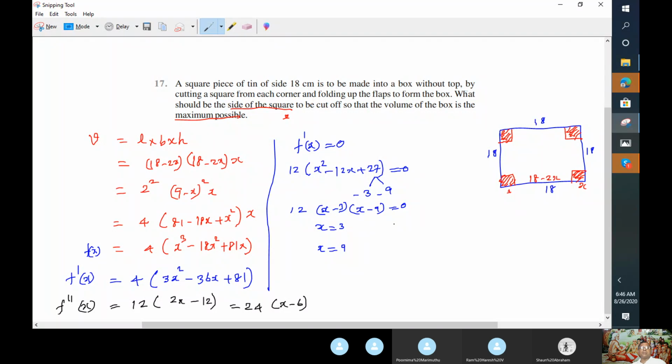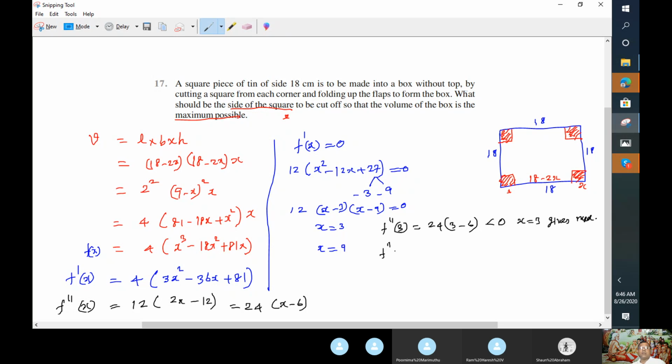To check the maximum, you can check f double dash of 3. When you put in f double dash of 3, what happened? It is negative. So f double dash of 3, 24 into 3 minus 6, so the total value is negative. If it is negative, x equal to 3 gives maximum value.